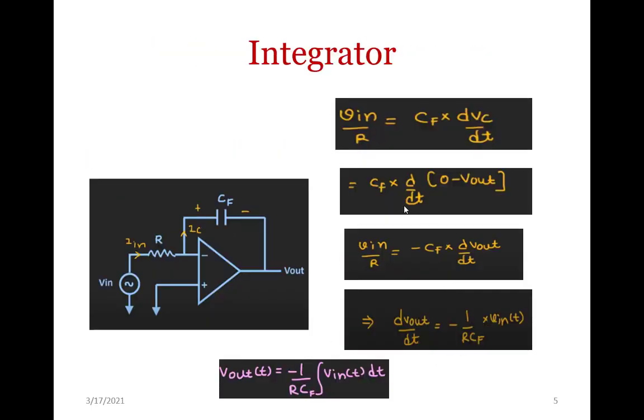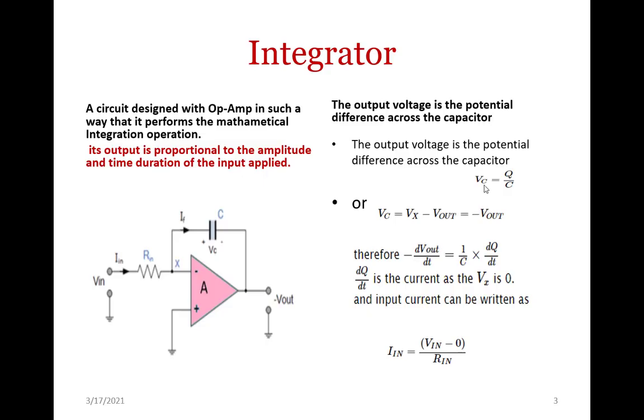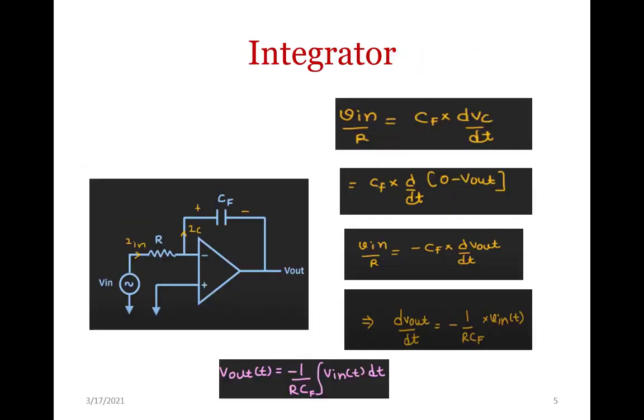So, that is equal to Cf into d by dt of Vc. Vc is given by minus V out, and therefore, you get it as Cf into d by dt of 0 minus V out, and therefore, it is minus Cf into d by dt of V out.